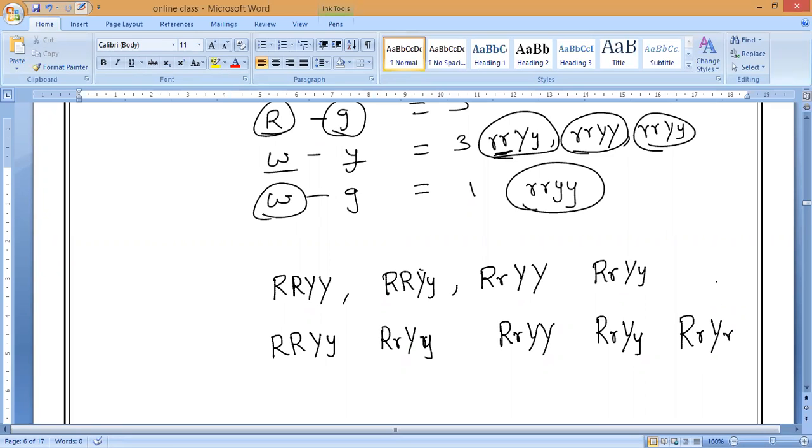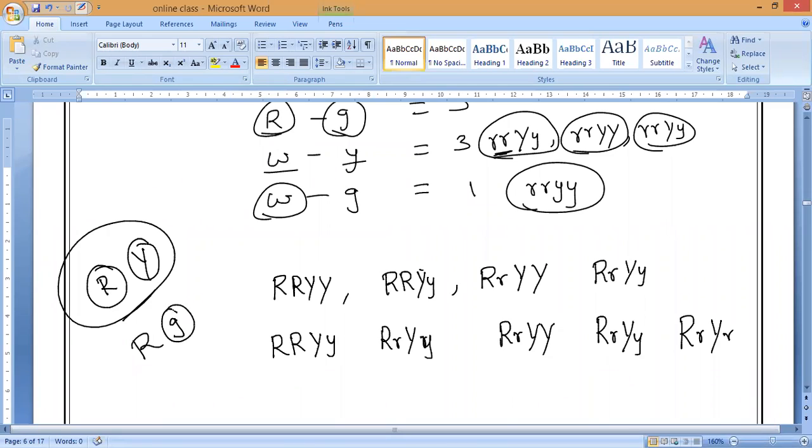So round yellow seeds means a minimum of one capital R and a minimum of one capital Y should be present. Do you understand, everybody, what I am saying? If it is round green seeds, a minimum of one capital R, but green means definitely two small y's should be there.